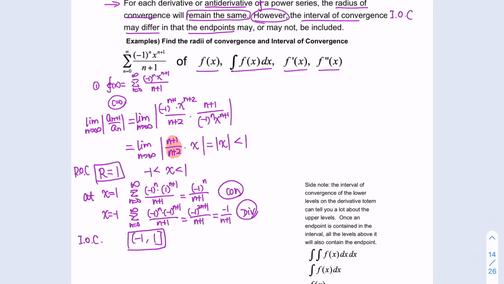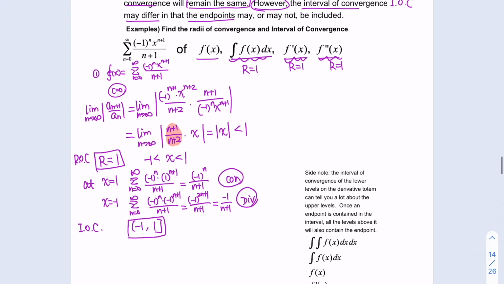So after we get the radius of convergence, we don't have to do the ratio test for all of them. All the radii here equal 1. The only difference is that now we have to adjust the boundaries for the interval of convergence.